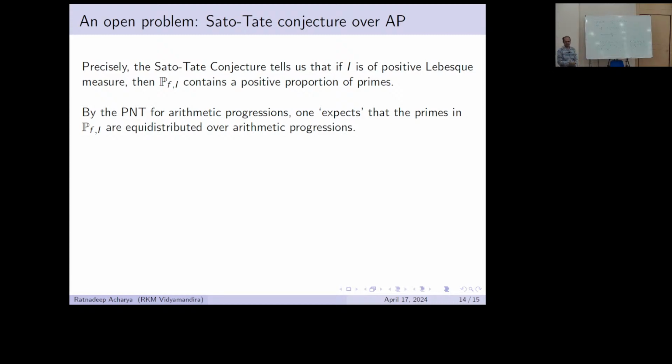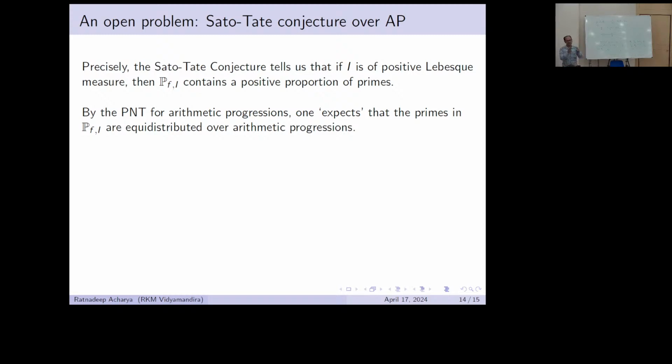For BT primes, if it is a finite type, then we can prove the corresponding Bombieri-Vinogradov result.